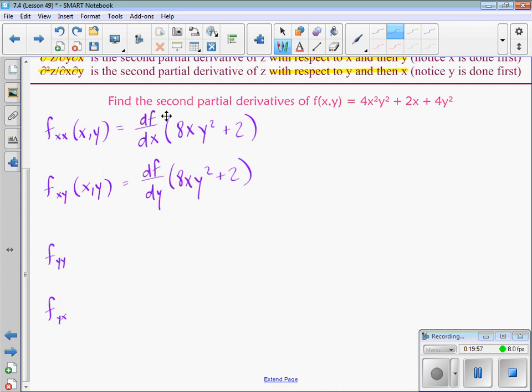So the derivative of this with respect to x is going to give me 8y squared. Now here I'm going to take the derivative with respect to y. The constant here is 8x, and the derivative of y squared is 2y, so I get 16xy.